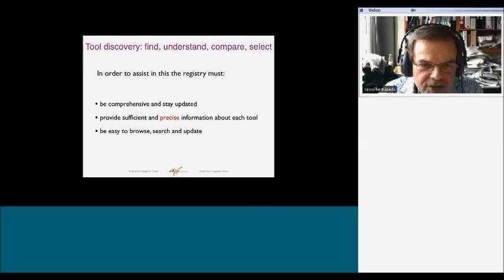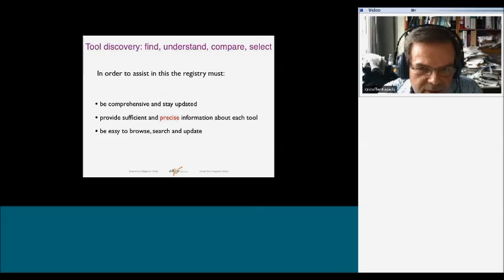So tool discovery as such, this term is often used without much reflection of what it actually means, but it turns out that it can be decomposed into a quartet of actions. The first of which is finding them. You need to locate the tools, actually become aware that they exist. The other is you need to understand them.